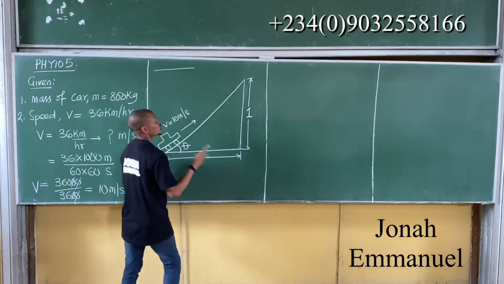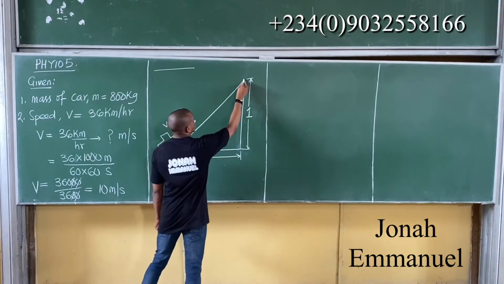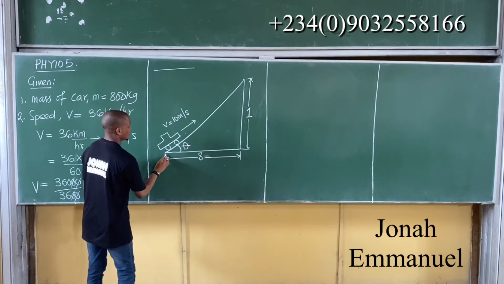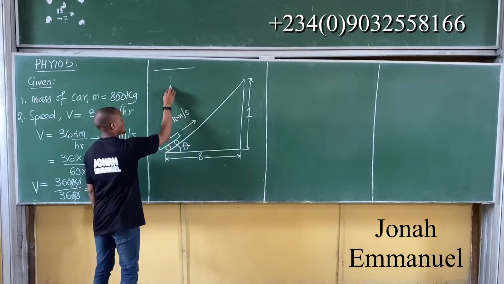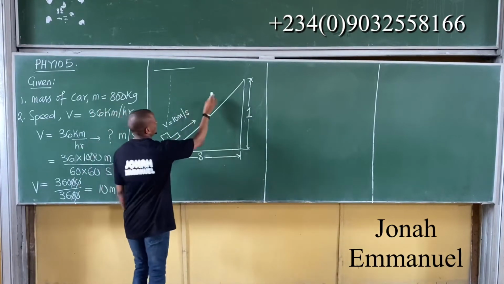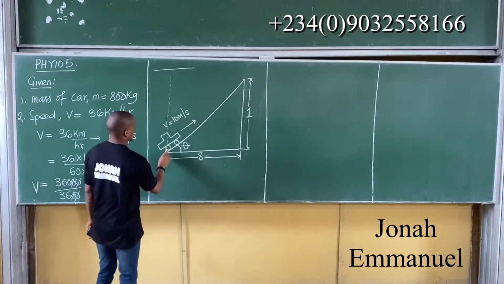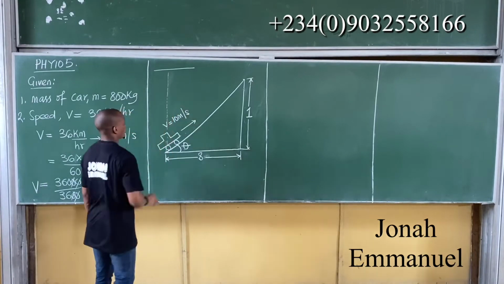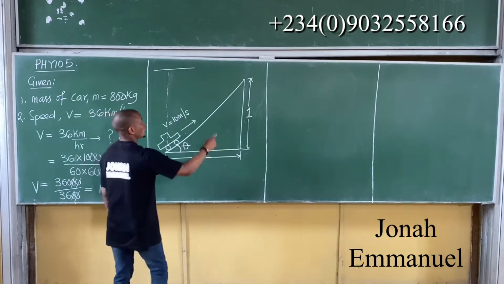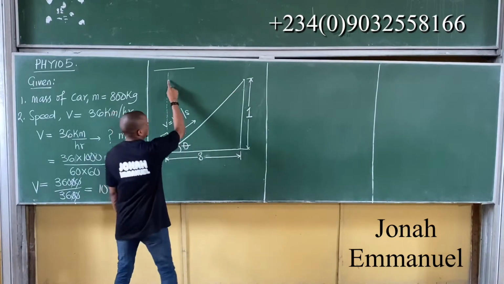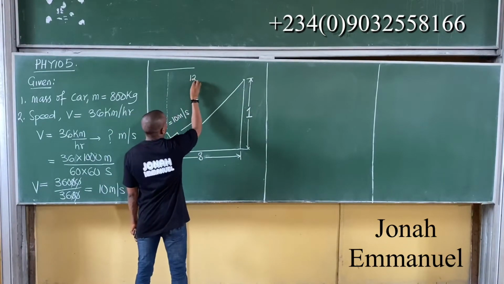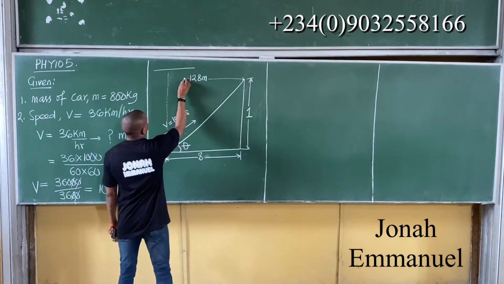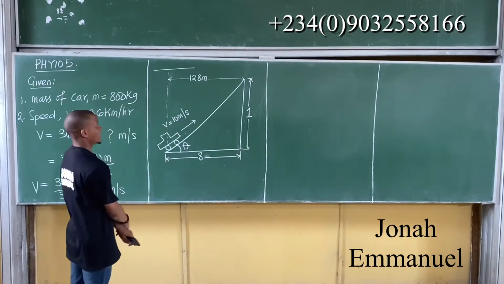So from the top of the hill to the initial position of the car, and don't forget we're saying the horizontal distance. So I will not take this one, I will take this one instead. This becomes 128 meters from this point up to this point.